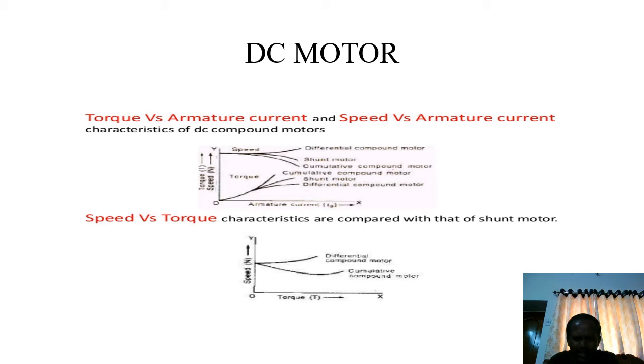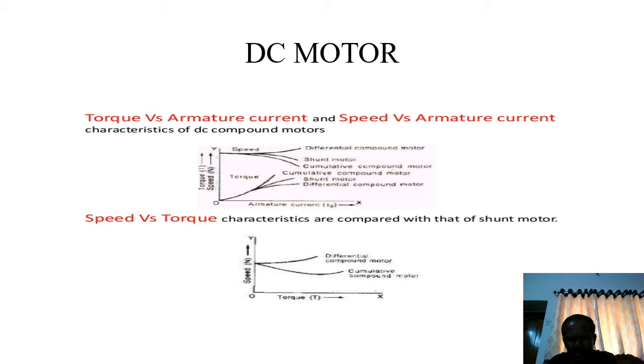Here, in this condition, the flux of the shunt and series field are additive. In this case, the flux is differential, subtractive. Then this is the characteristic of the differential compound motor.